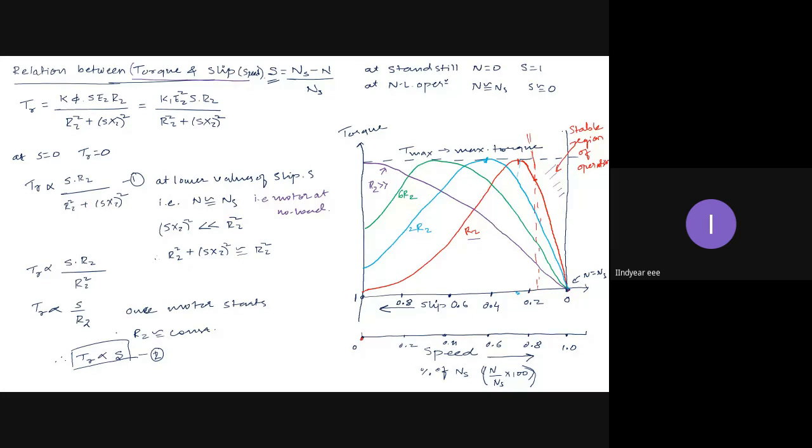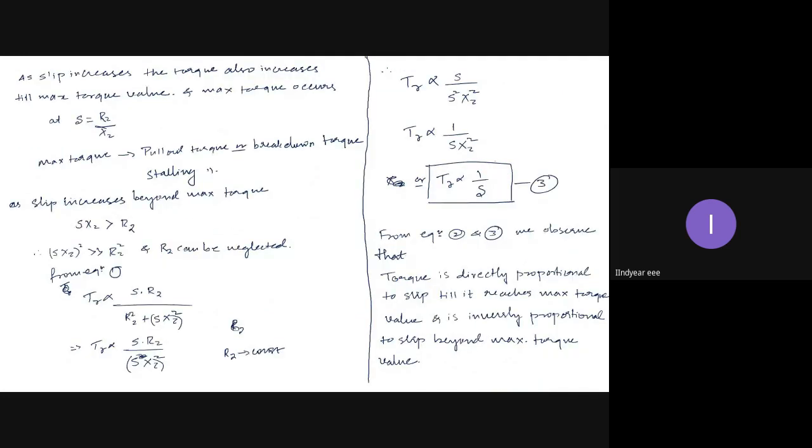So with this relation, the torque will increase with respect to slip linearly, and then it will reach the maximum torque value. Once the maximum torque value is obtained, my slip becomes S equals R2 by X2. Beyond the maximum torque point, my S into X2 will be greater than R2.